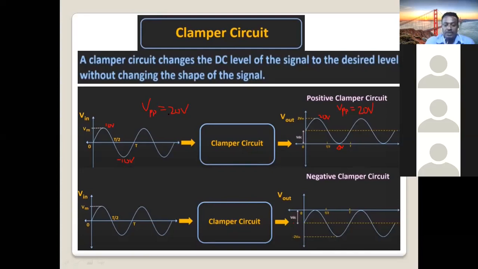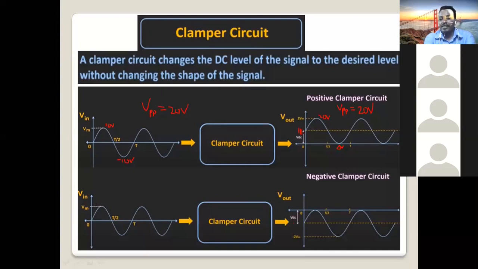If you measure with a DC voltmeter, a multimeter which measures DC voltage, here it reads 0 because we are measuring DC. But here, your DC meter reads 10 volt.